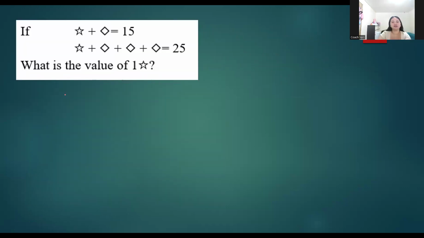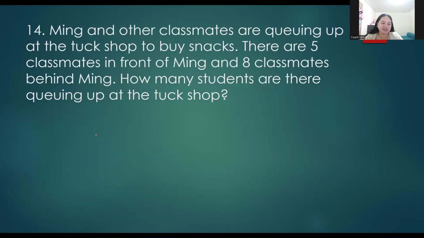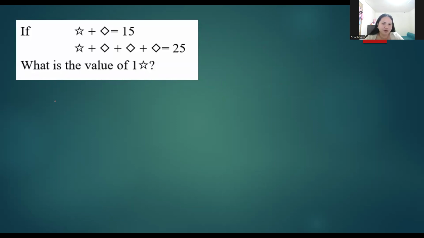I also forgot to notice it. Maybe it was deleted. So what number is this? Number 4 or number 3? Number 4. Okay, so let's solve this one since I forgot it earlier.